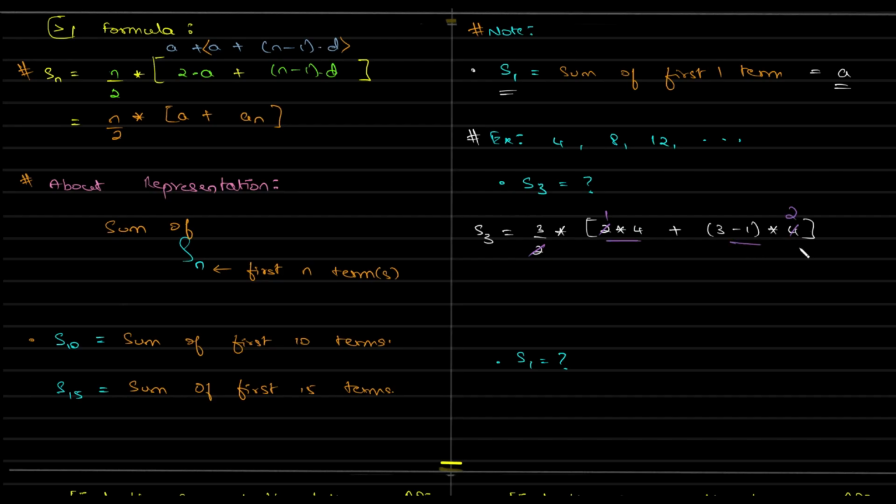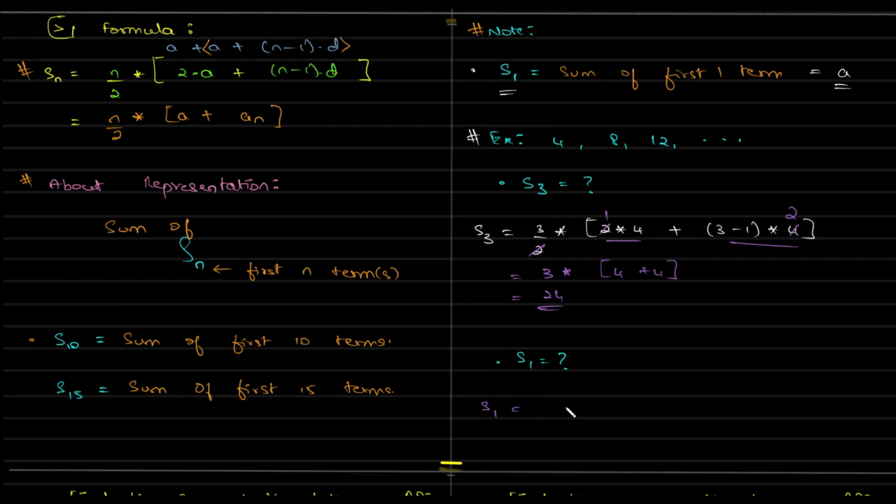See, there are 2 terms, so I need to cancel 2 with both the terms, not just one term. Then we have 3 times 4 plus 4, that is 8. 8 times 3 is 24. And yes, 20 plus 4 is 24. We have the right answer.